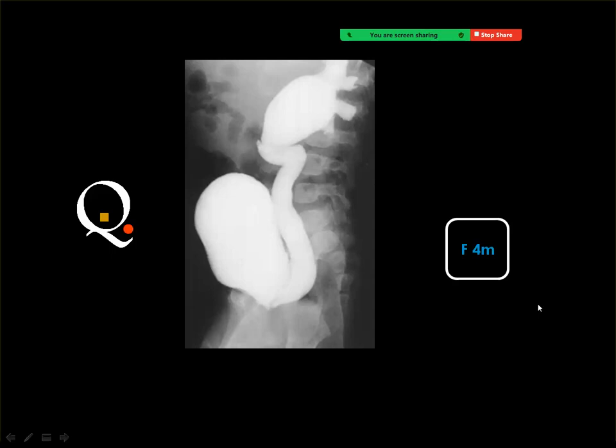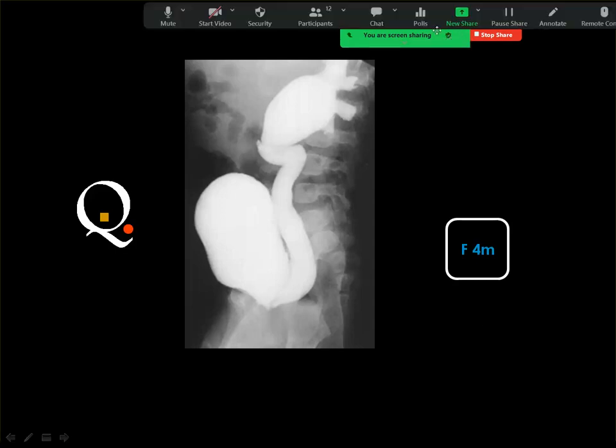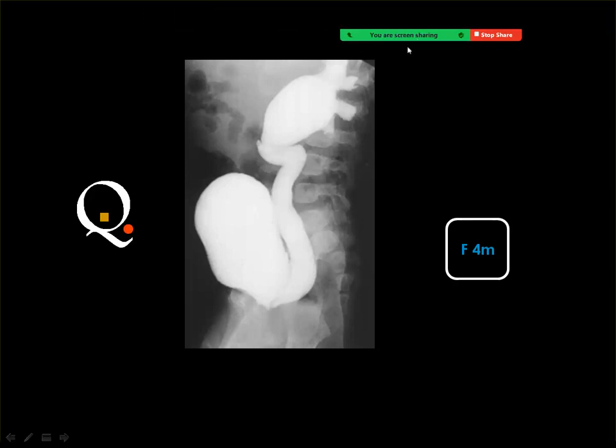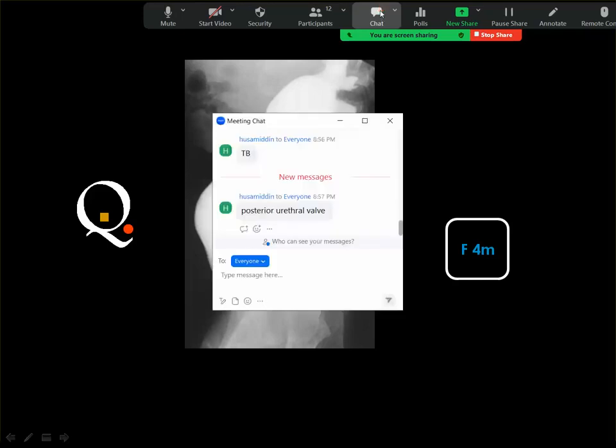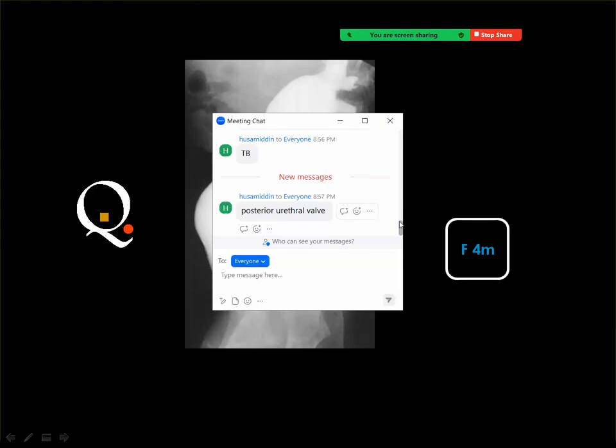Next case is a female infant, 4 months old, with this ascending cystourethrography. This is female. And posterior urethral valve does not occur in females.